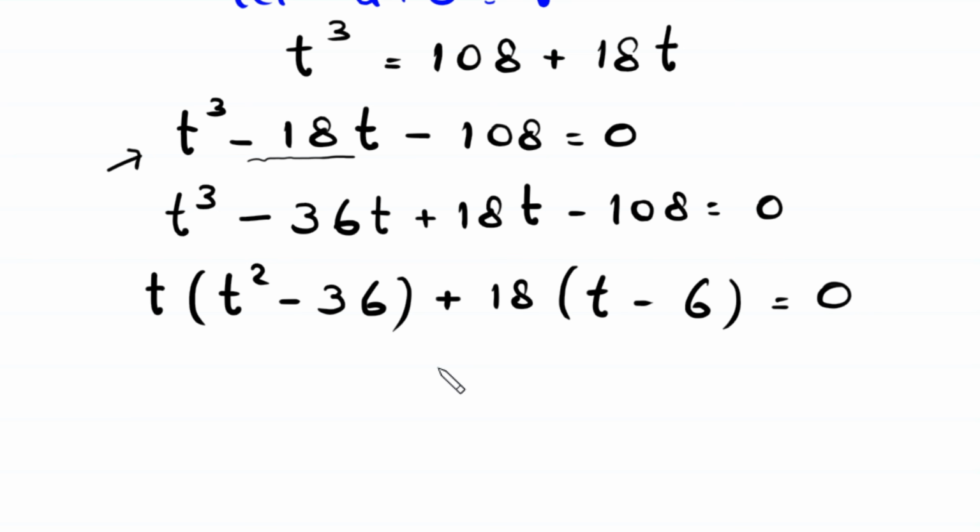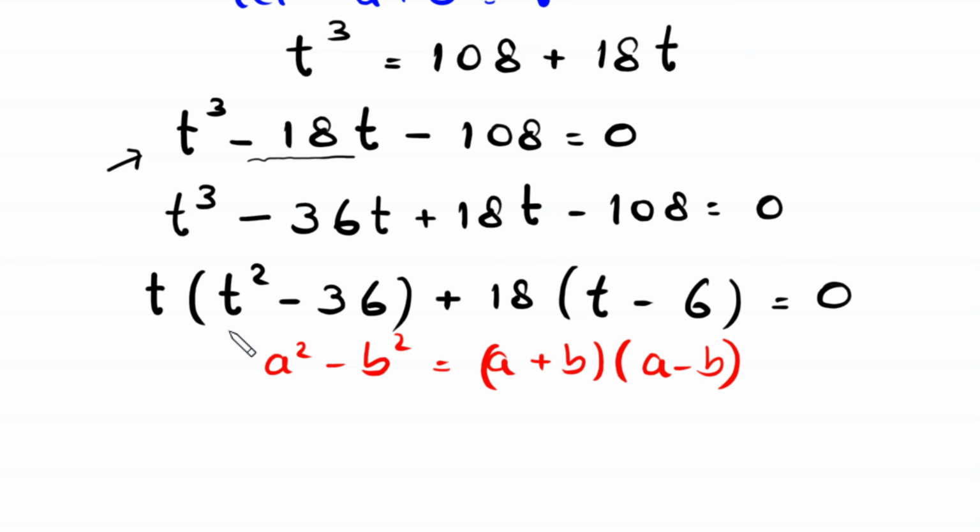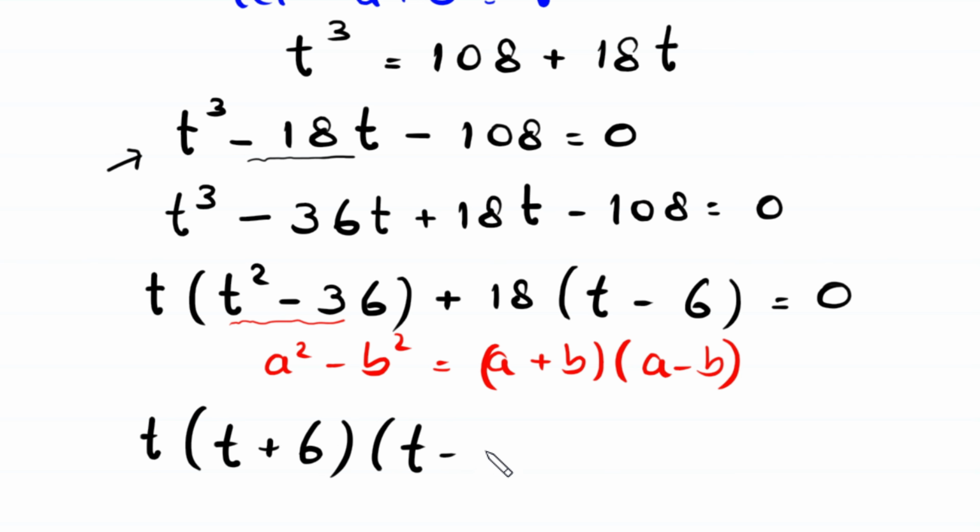By using this algebraic identity, a squared minus b squared equal to (a+b)(a-b), this t squared minus 36 will become (t+6)(t-6), so t times (t+6)(t-6) plus 18 times (t-6) equal to 0.